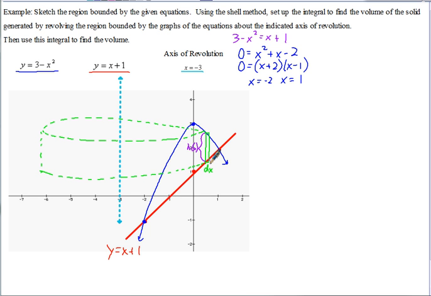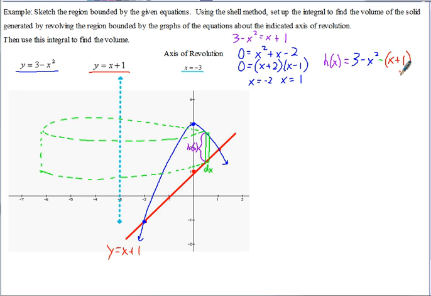So h of x will just equal the function on top, 3 minus x squared. That is the bigger y coordinate. Minus the function on the bottom, x plus 1. Make sure you subtract the whole thing in parentheses.